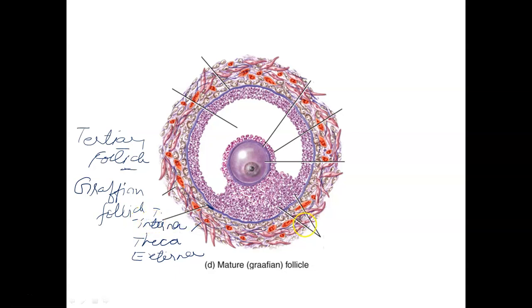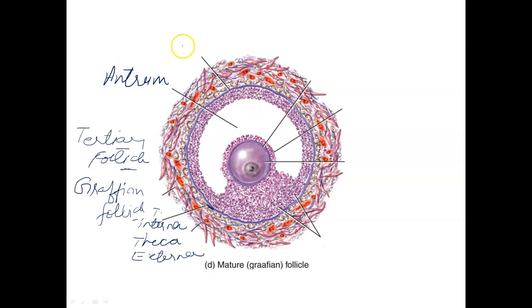Inside that theca interna, again the granulosa cells are there. These are the follicular cells. These follicular cells surround the liquid space, the follicular fluid cavity, which is known as antrum. So this is antrum.